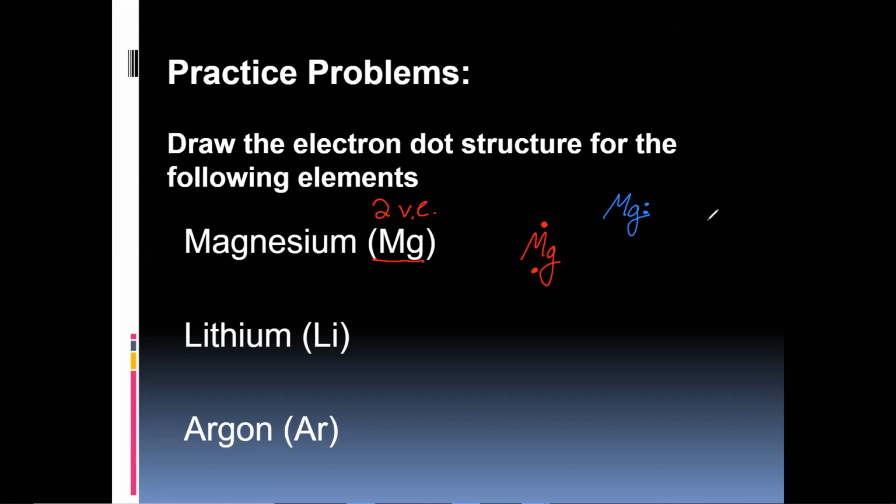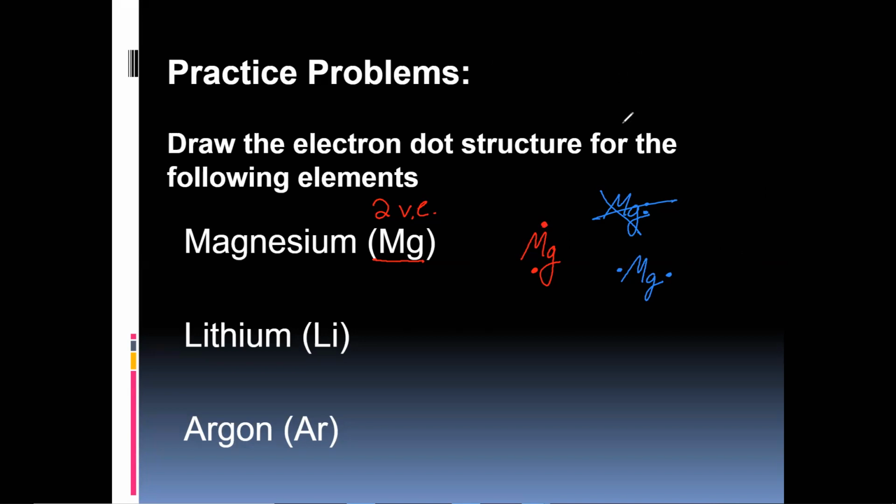So when you have atoms that have more than 4 valence electrons, you have to draw all 4 before you can start pairing them up. So this is wrong, this is right. However, you could also go like this. That's fine because electrons do move around. So it doesn't necessarily have to be one on the top, one on the bottom. It could be one on either side, but they may not be in a pair. Okay?